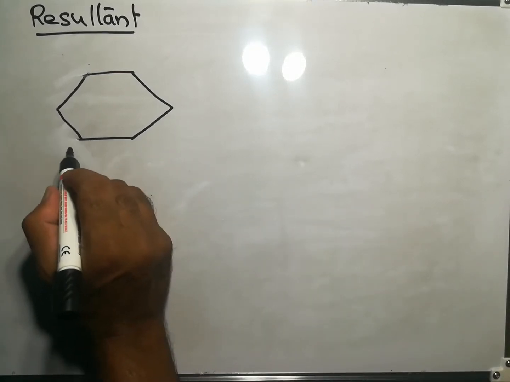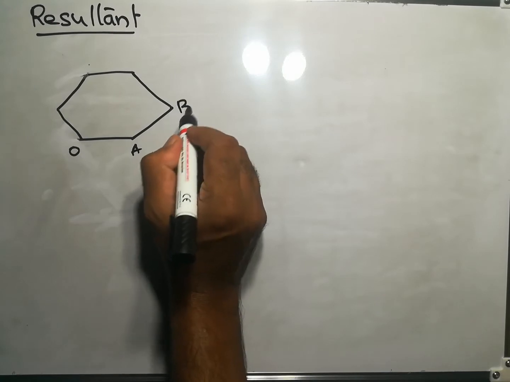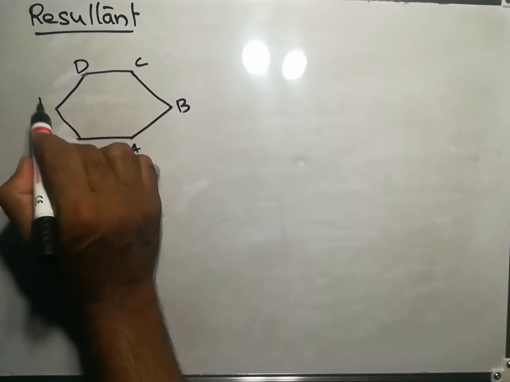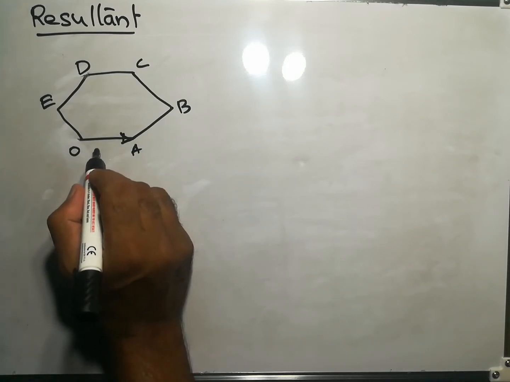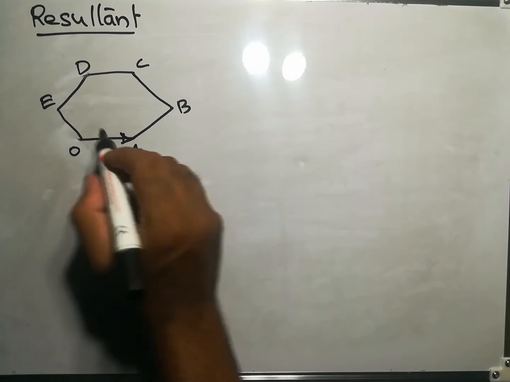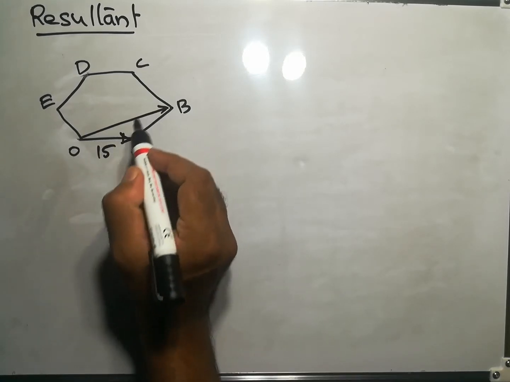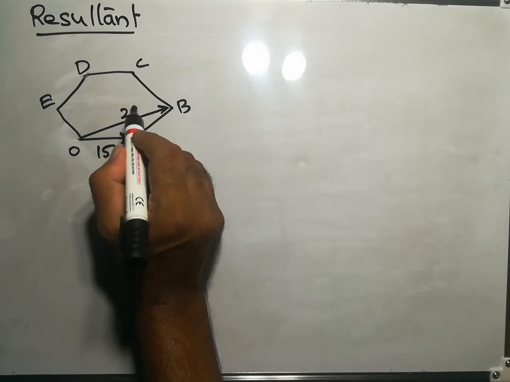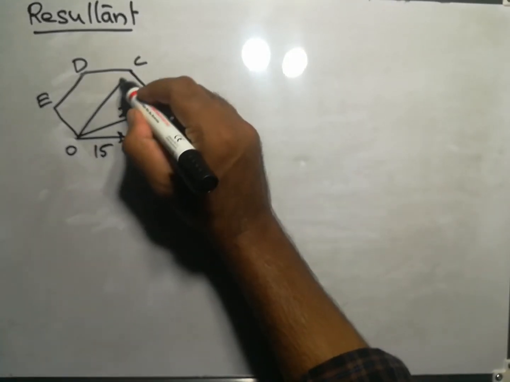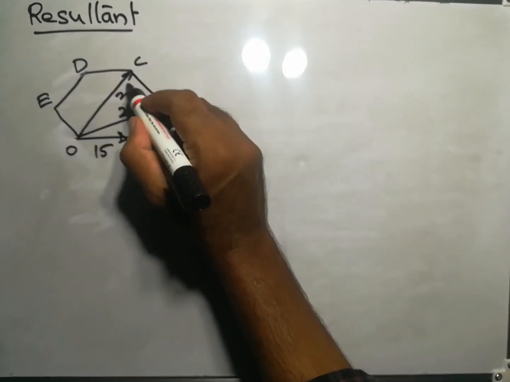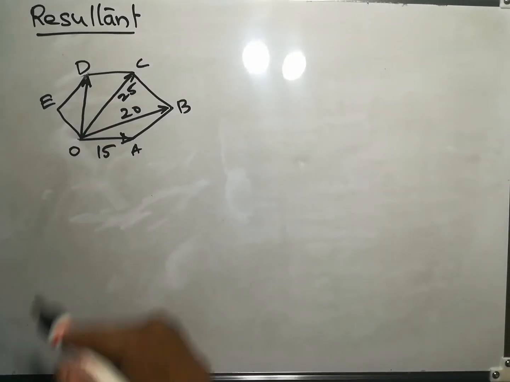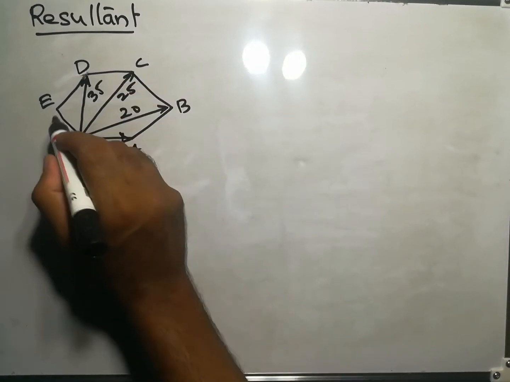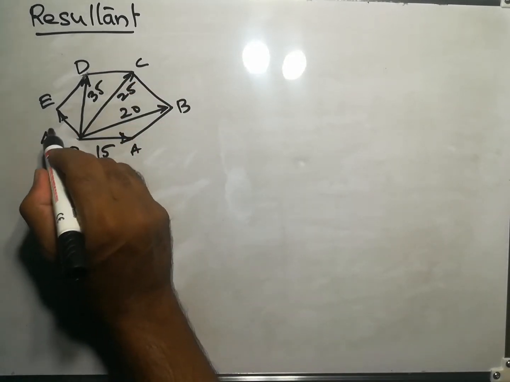So let O, A, B, C, D, E be the regular hexagon, and these are the forces acting on the hexagon: 15 Newton, next one 20 Newton, next one 25 Newton, next one 35 Newton, and the last one 45 Newton.